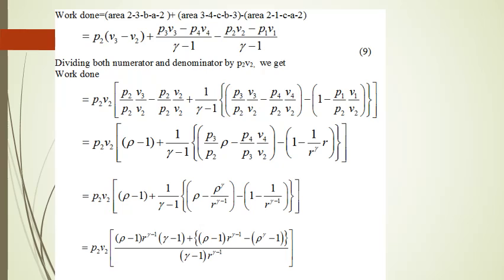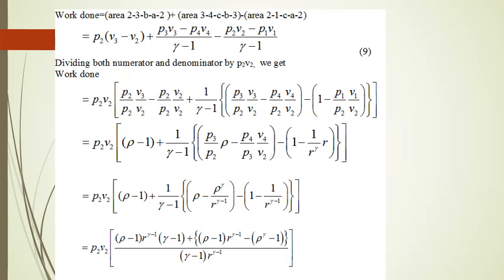Now for the work done, because we want to find out mean effective pressure, and that can be done by the formula work done divided by swept volume gives mean effective pressure. So the area within this geometrical diagram we have to find out. So that is equal to P2 into V3 minus V2, the area of the rectangle, plus area under the curve 3 to 4 minus the area under the curve 1 to 2.